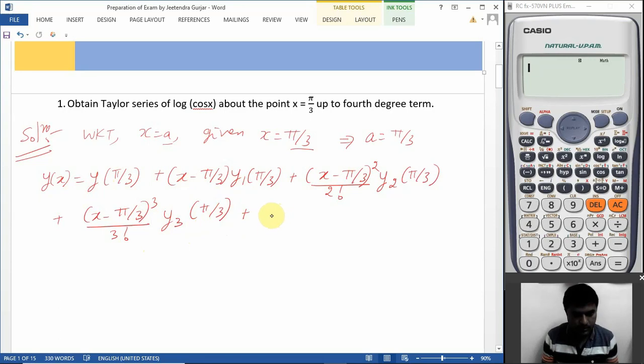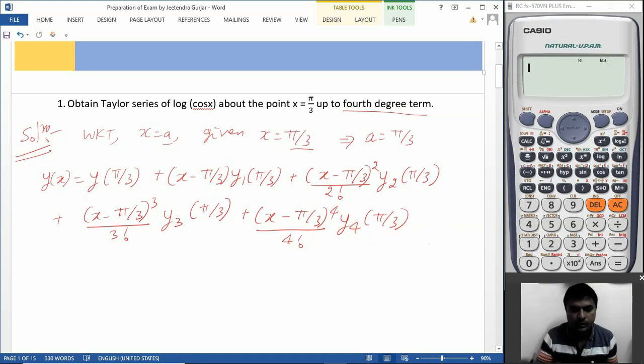Till 4 you can easily write here, students. Because they have clearly given the 4 degree term, it is understood that you have to write, compulsorily, (x minus pi by 3) raised to 4 divided by 4 factorial y4 of pi by 3.